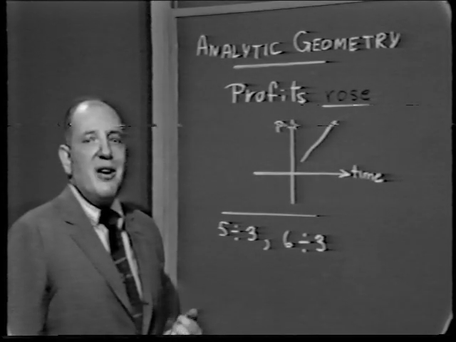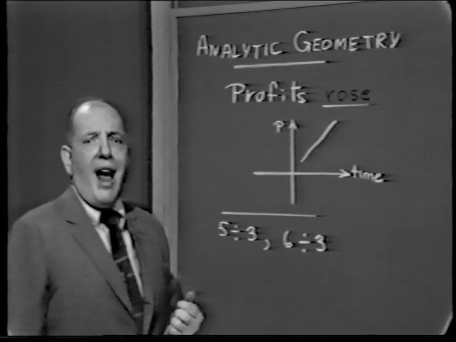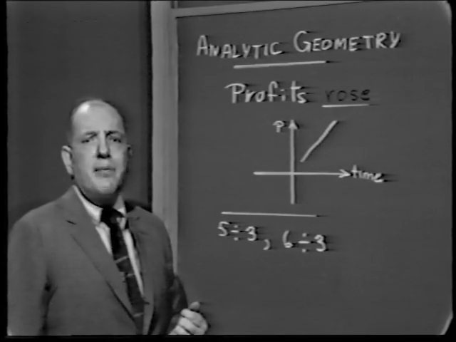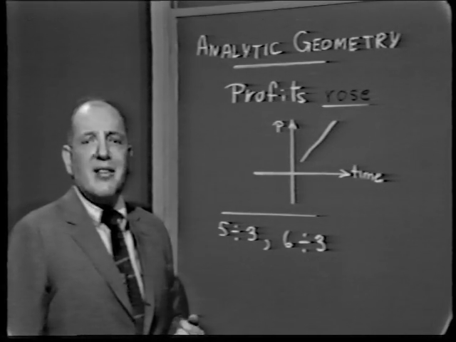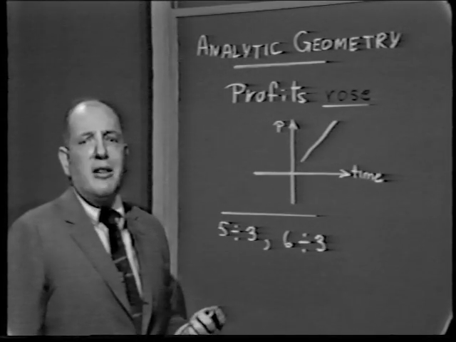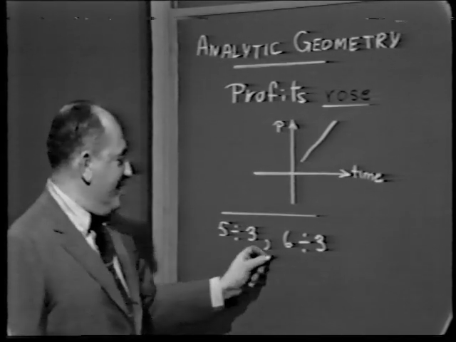the geometric term rising. And this identification, whereby difficult arithmetic concepts are visualized pictorially, is something that begins not only very early in the history of man, but very early in the development of the mathematics curriculum. As a case in point, consider the problem of 5 divided by 3 versus 6 divided by 3.